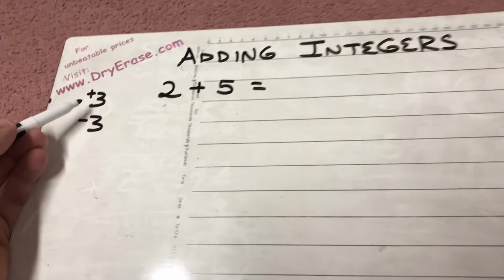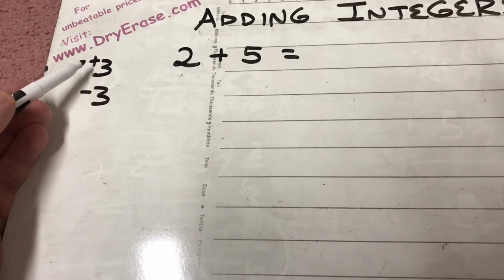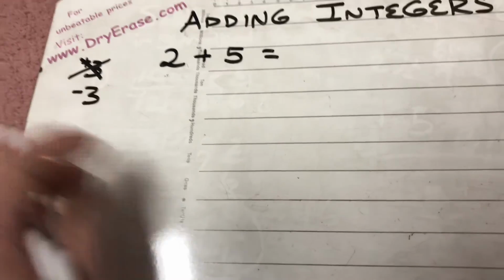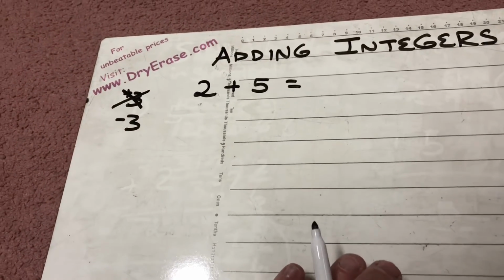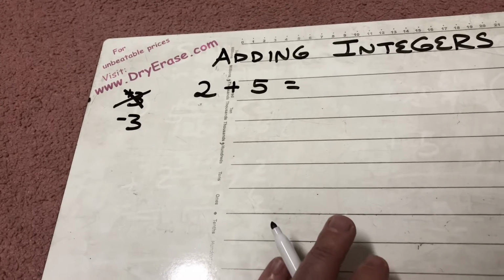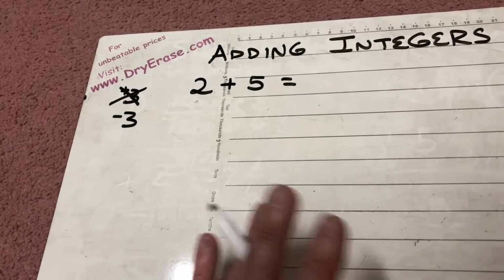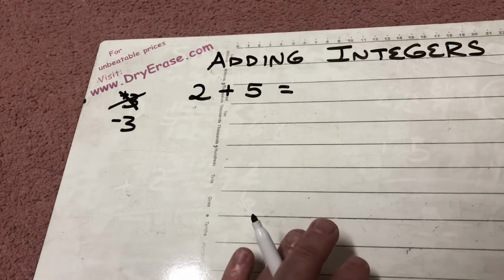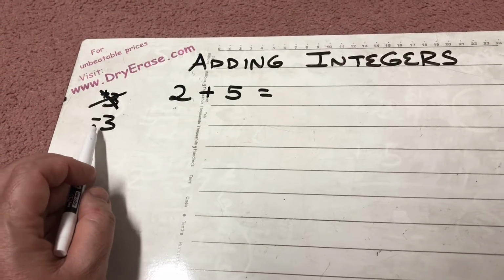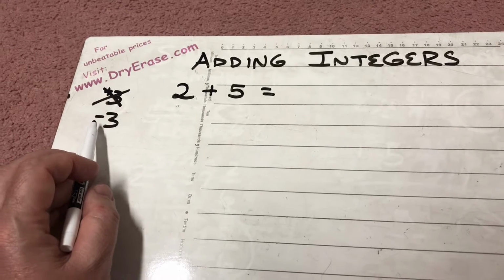We don't normally do this plus because if there's nothing there, we assume that it's positive. This is not really something that I want you to get in the habit of doing, because it's just extra signs and it can be very confusing and make you more likely to make a mistake. But if we do have a negative number, we will need to put a negative sign in front of it to show that it's negative.